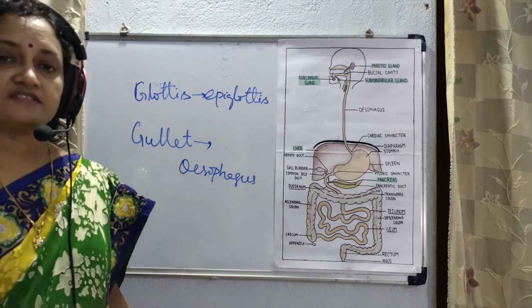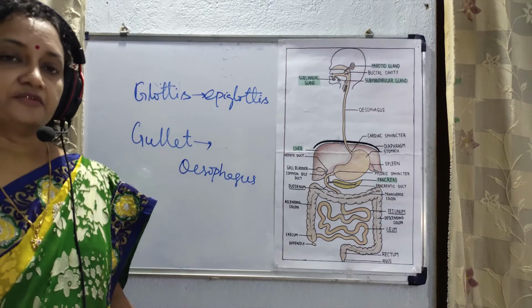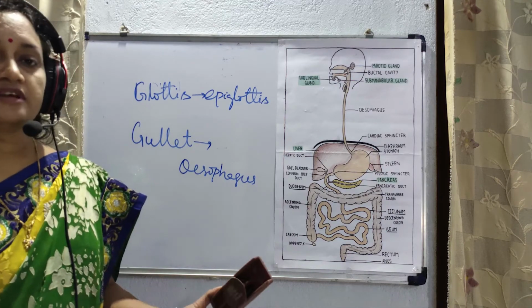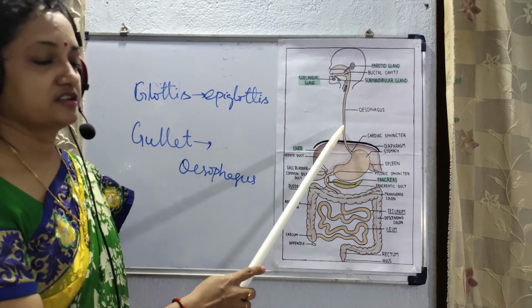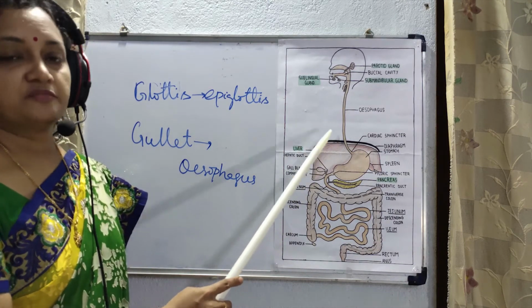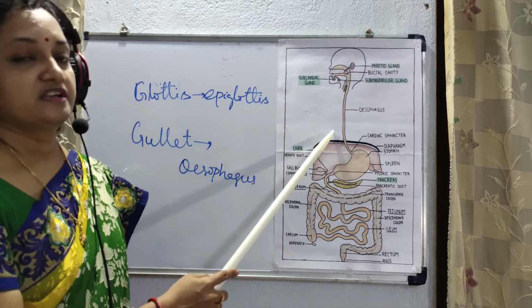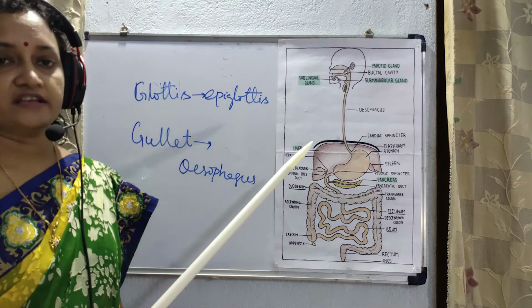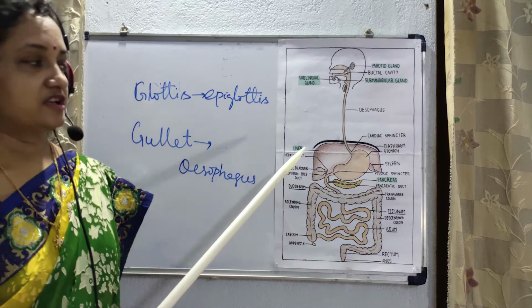The circular muscles of the esophagus help in constriction and relaxation, which helps in the passage of the food bolus from one part of the esophagus to the other by the process of peristalsis. But remember one thing, the esophagus does not secrete any enzymes. So, no enzymatic action starts in the esophagus.